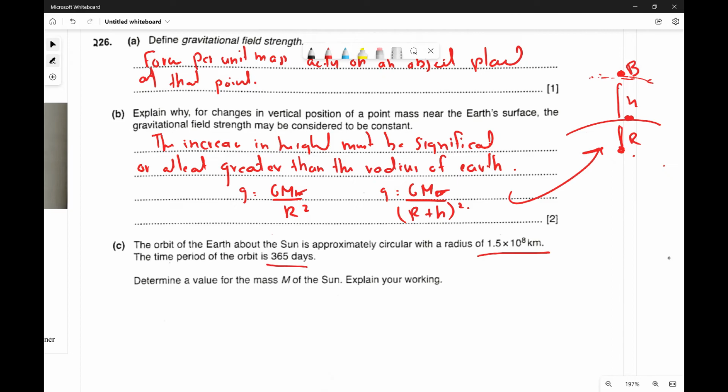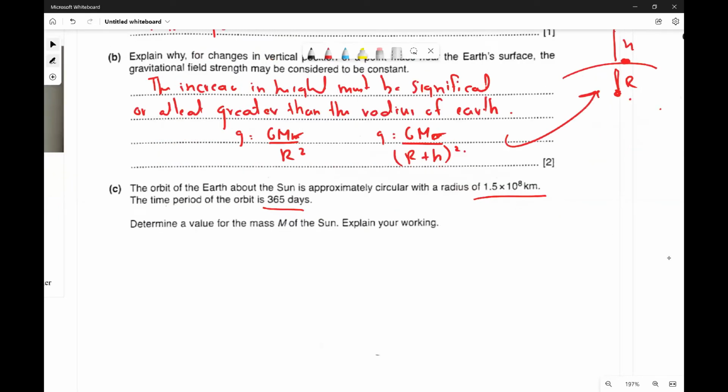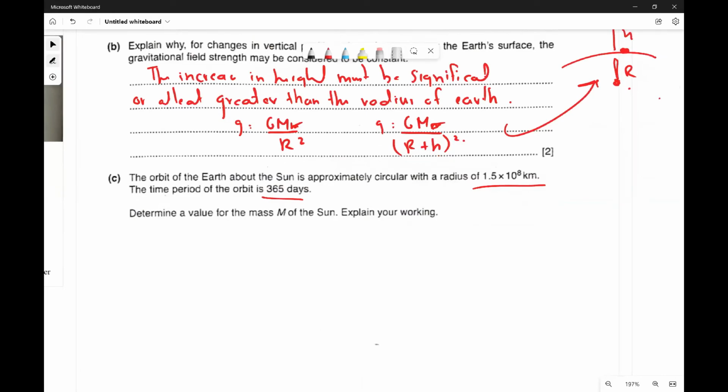You are also given the time period, and you're supposed to find the mass of Sun, sorry. तो सबसे पहली बात, we know कि gravitational force is providing the centripetal force. Orbit की बात हो रही है, तो equate कर लेंगे. GMm over r square is equal to mv square over r.